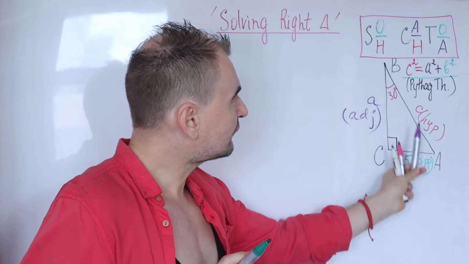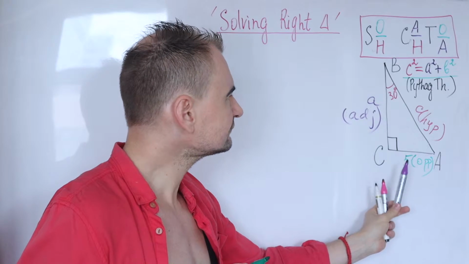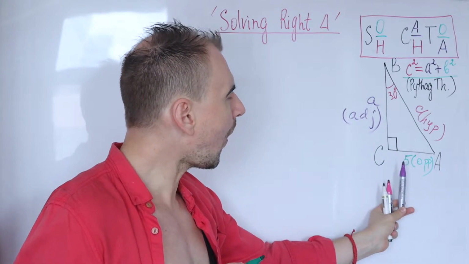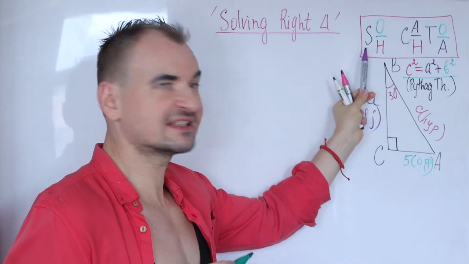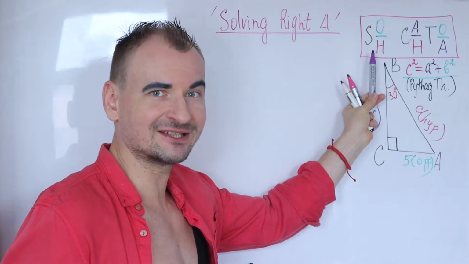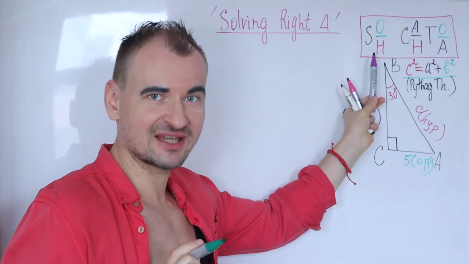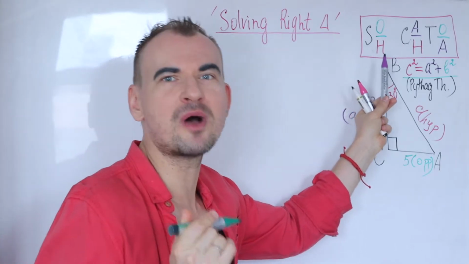To find the hypotenuse, we need to know the opposite side and that angle. So basically we're going to select the SOH part, and the function that has to be picked in this case is sine. Again, why?